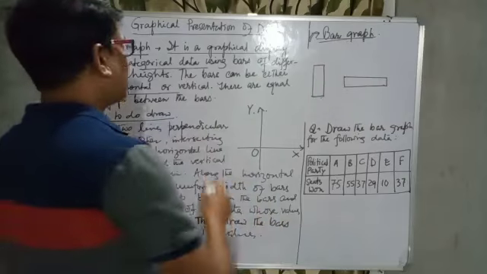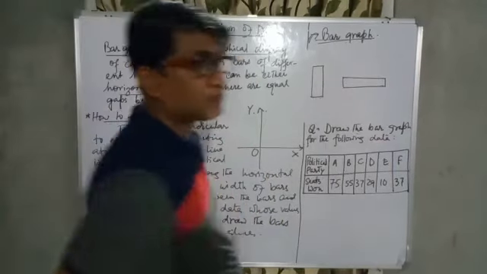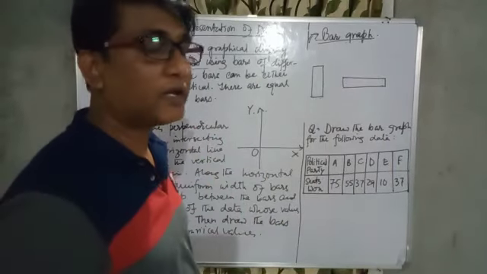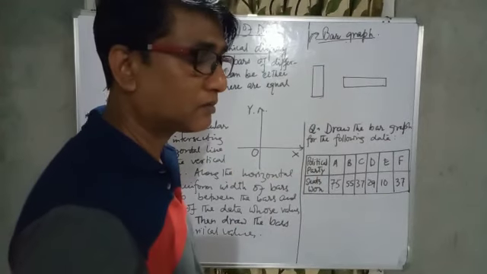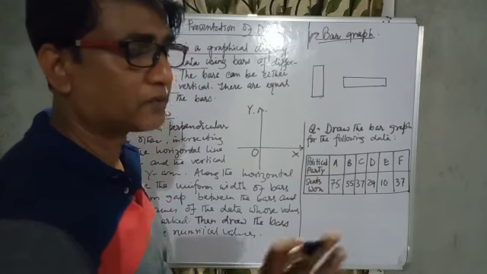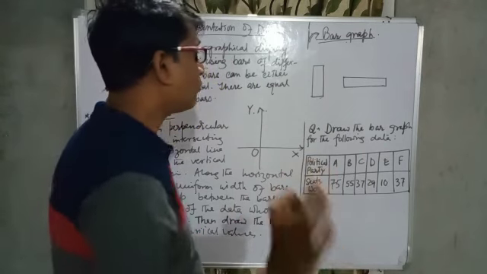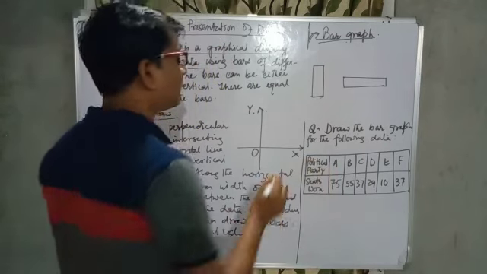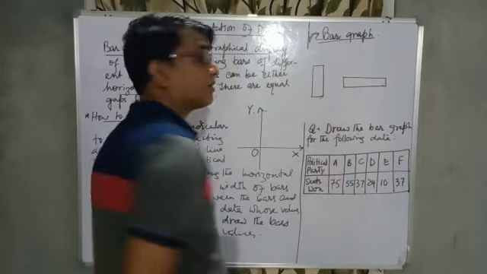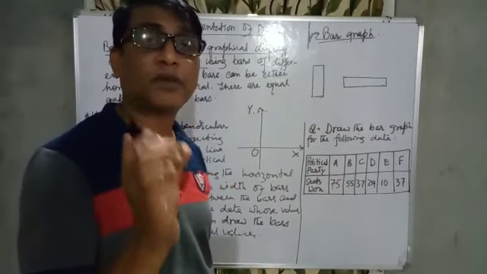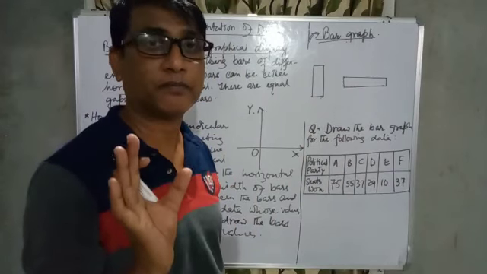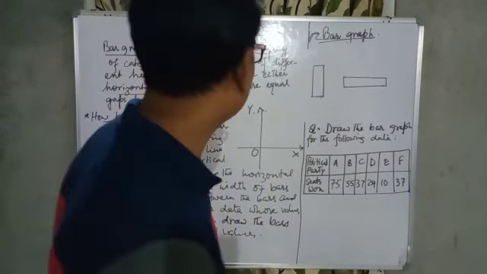One more thing: the gap between the bars should be equal, and the width of each and every bar should be the same. Clear? That is the bar graph.